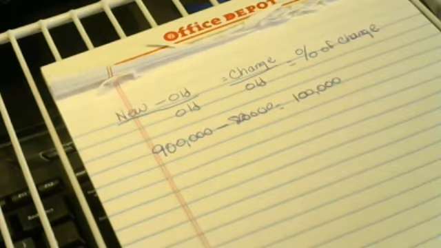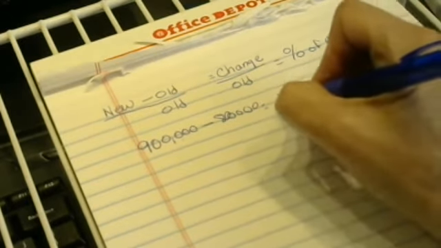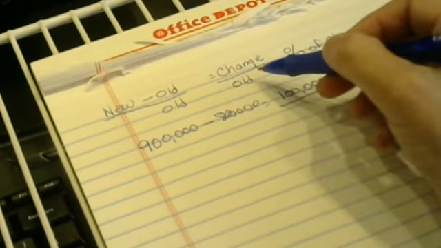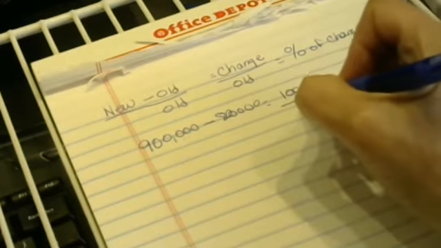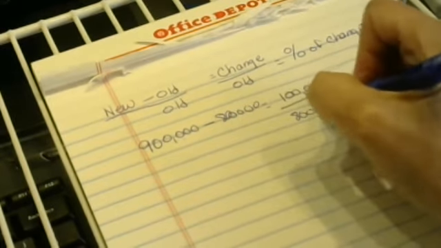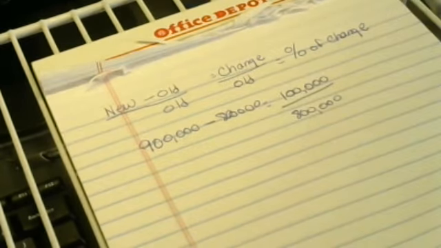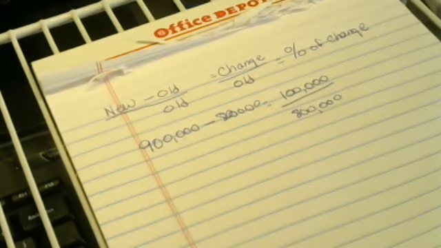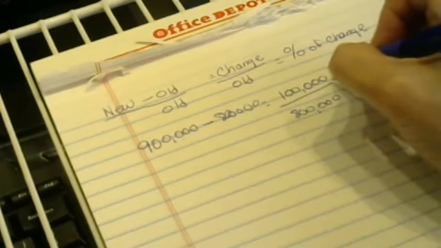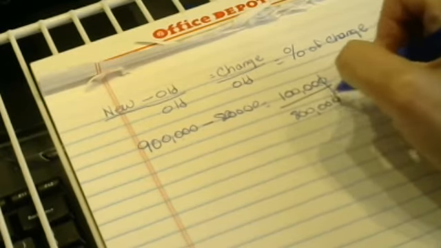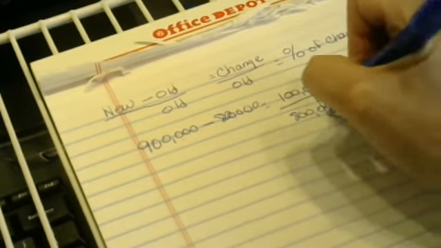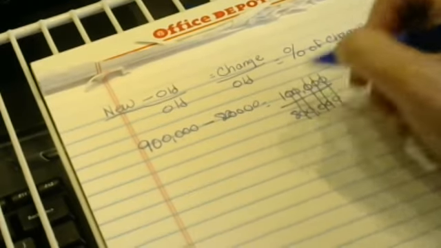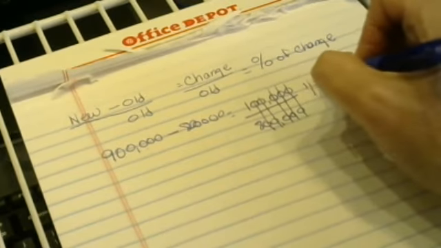So we did 100,000 better this year than last year. Divide that by the old, and the old is the 800,000. And that will give you the percent of change. Remember, if you want to break this down, for every zero on top, you can get rid of a zero on the bottom. So it's 1/8.